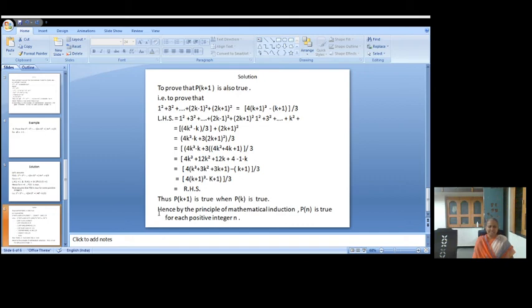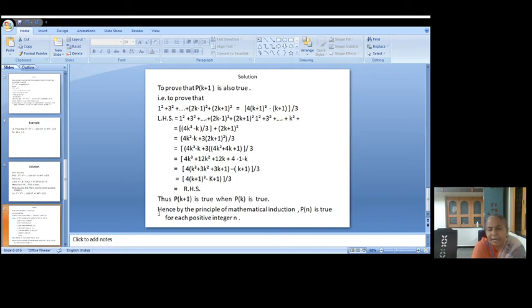And simplifying this, we get the term as 4k cube minus k as it is, plus 3 in bracket, we have to take the square of 2k plus 1, and therefore the square of 2k plus 1 can be written as 4k square plus 4k plus 1, and this whole divided by 3. Now we simplify this term as 4k cube minus k plus 12k square plus 12k plus 3 whole divided by 3.